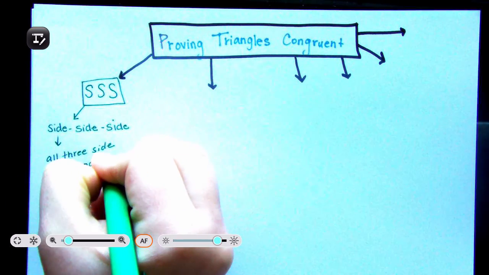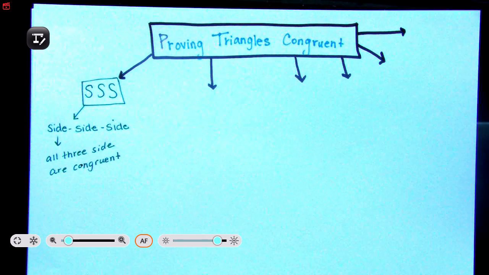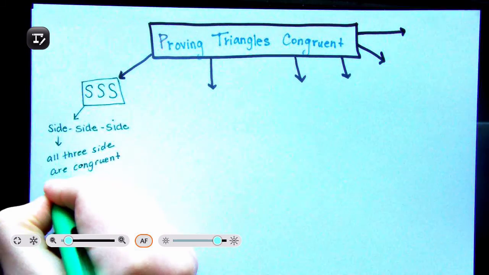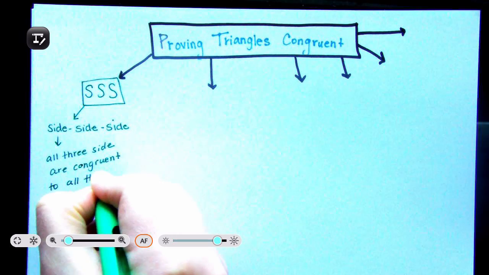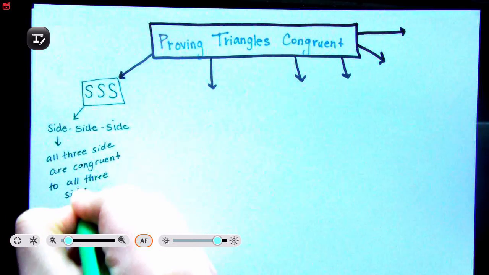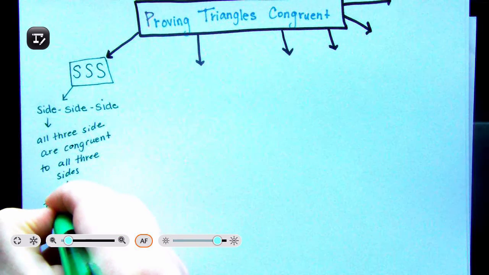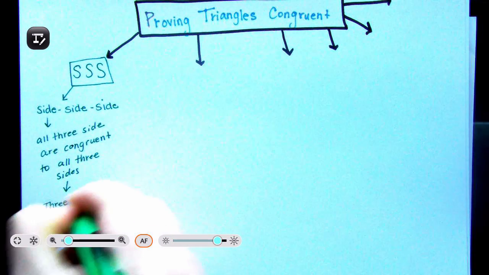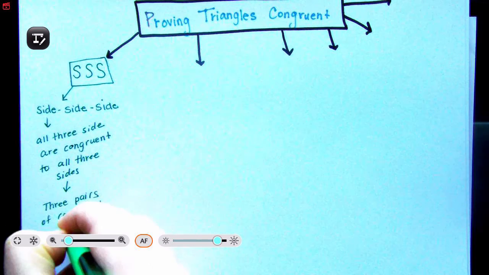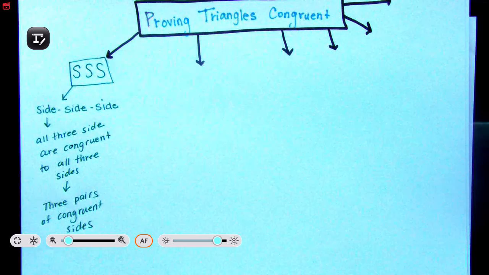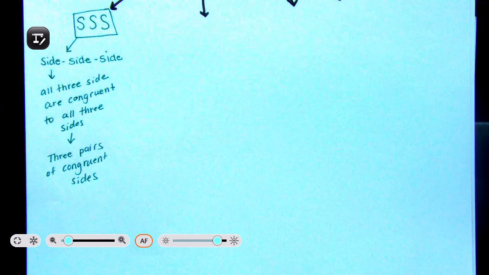Congruent to all three sides. And that maybe is unclear, so I'm going to say there are three pairs of congruent sides. And how that looks is, I'll do an example here real quick.